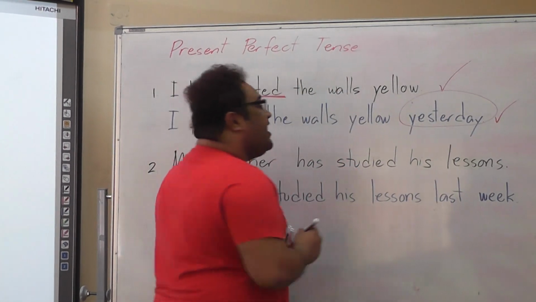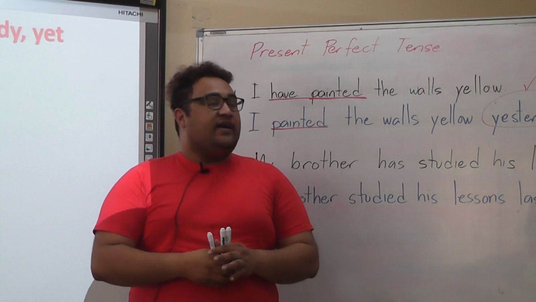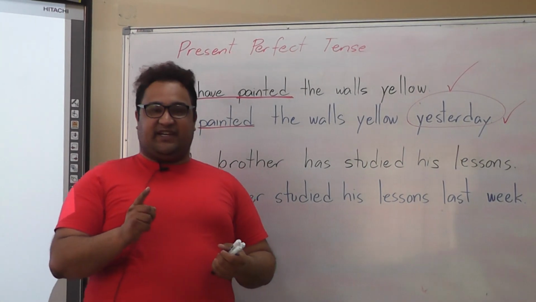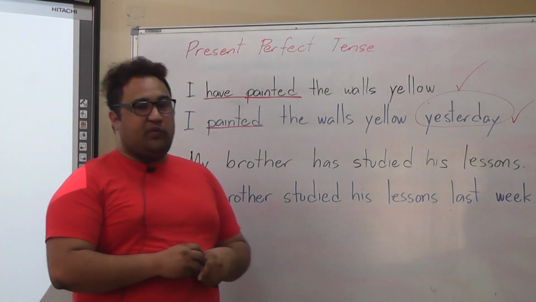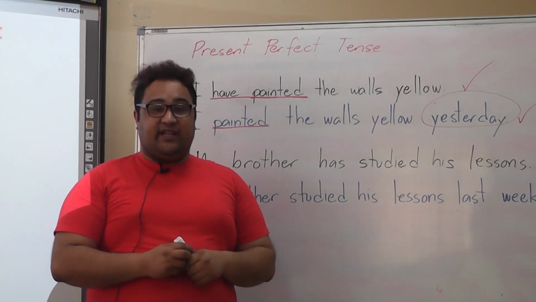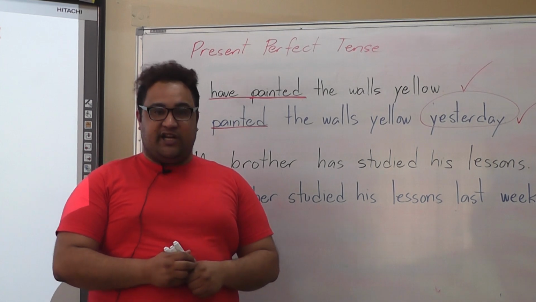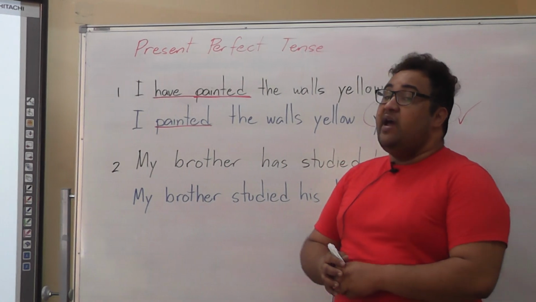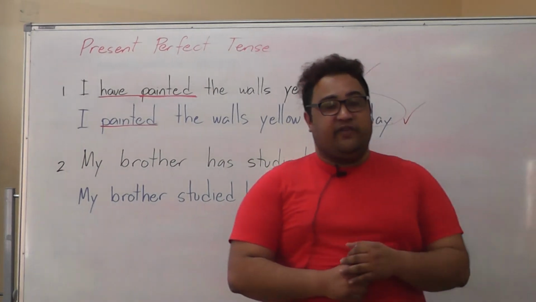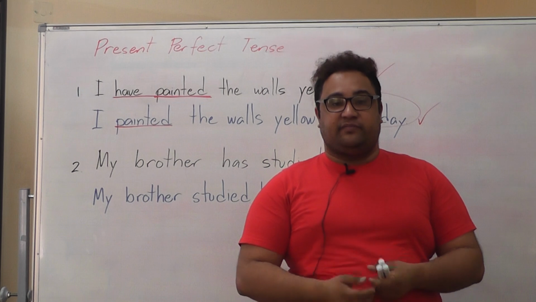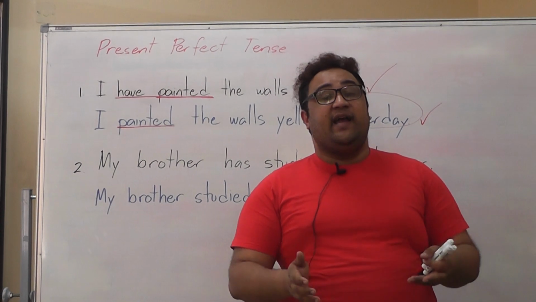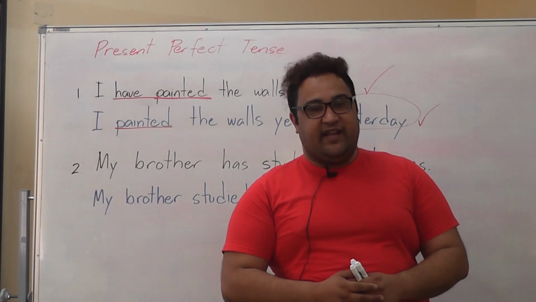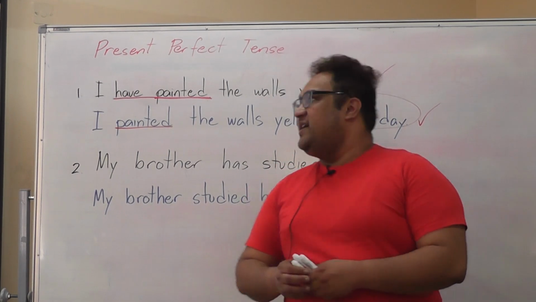In sentence number 2, there is a specific time given, yesterday. But in sentence number 1, there is no definite time when the action took place. So this is where present perfect comes in. Present perfect tense of the verb talks about a tense of the verb wherein there is no definite time specified.